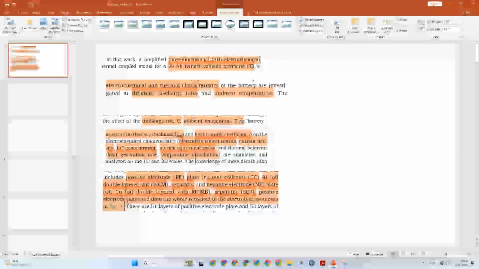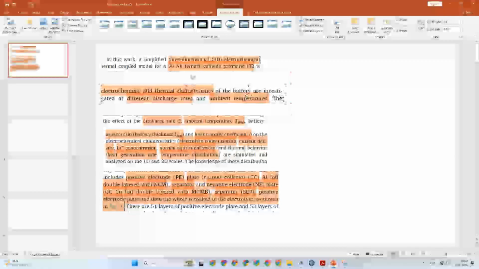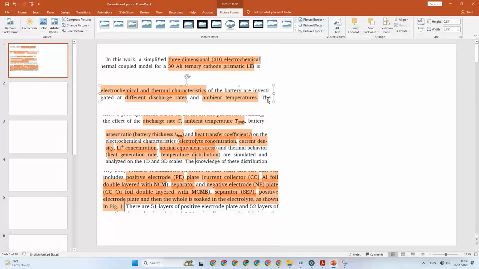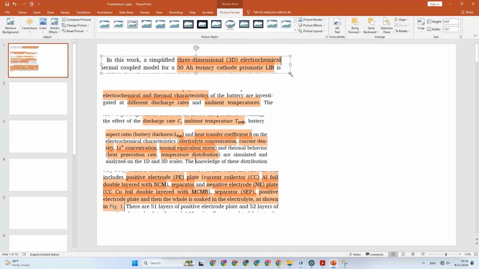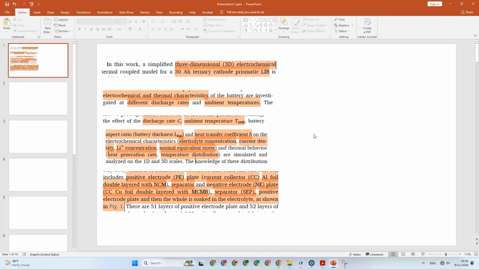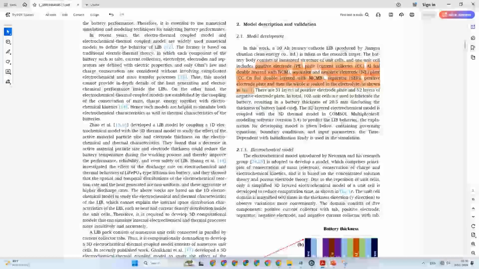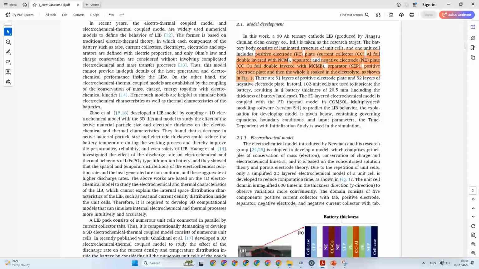It's better to use the same size to have consistency. Nice. I continue. There are 51 layers of positive electrode plate and 52 layers of negative electrode plate.